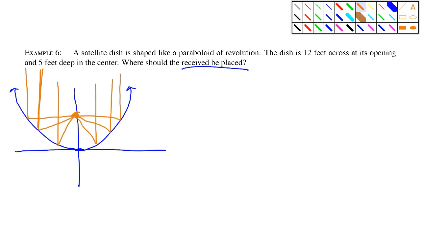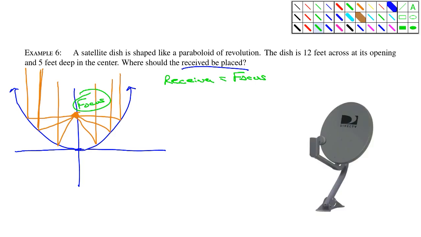Well, the question is, what point is that? Well, it turns out that's the focus. And so the receiver on the dish has to be placed at the focus so that all the signals from the satellite come in, hit the dish, and then bounce to the focus. That's why your satellite dishes are shaped like a paraboloid if you look at the cross sections of them.